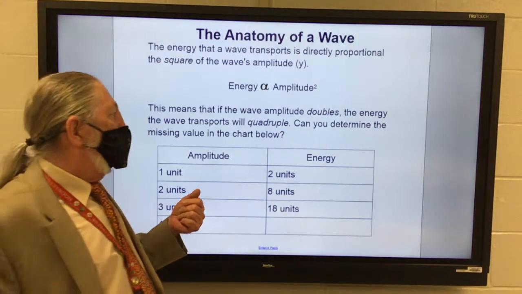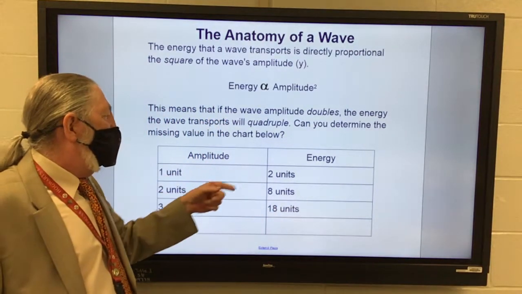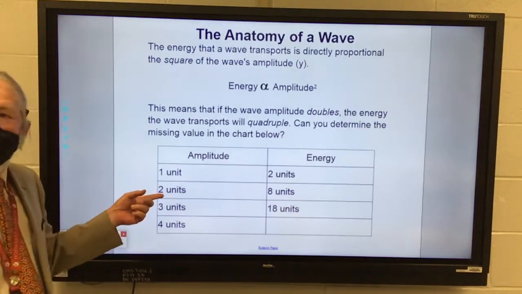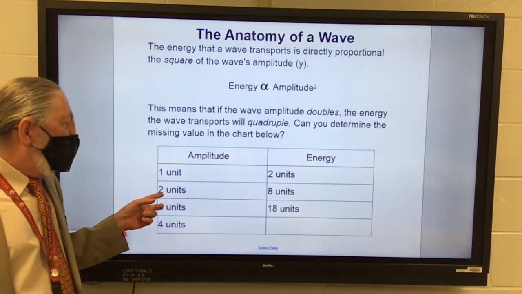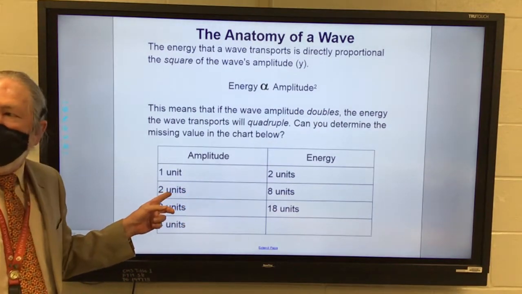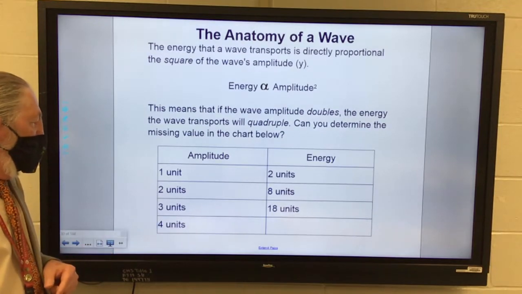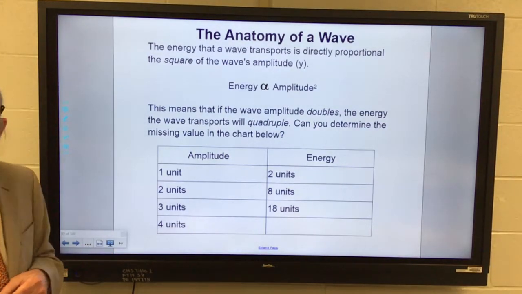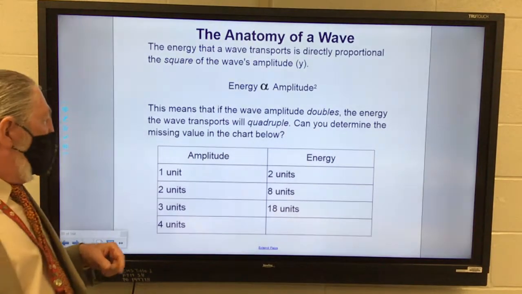You understand? Okay, good. So 1 unit of amplitude is going to yield 2 units of energy, just like your 4 squared, this is quadruple this, right? And what is this right here? 4 units is going to be what? 4 times 4. It's going to be more than that.